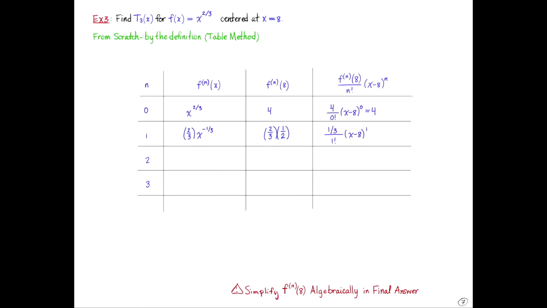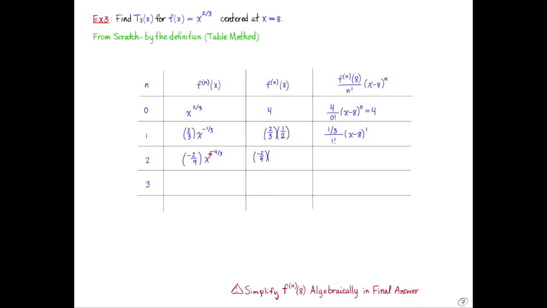For our second derivative, bringing the negative 1/3 down front, we have 2/3 times a negative 1/3, which is a negative 2/9 times x, and subtracting 1 from the exponent, negative 1/3 minus 1 is negative 4/3. Subbing in x equal to 8, we have negative 2/9 times the cubed root of 8 is 2, 2 to the 4th is 16.